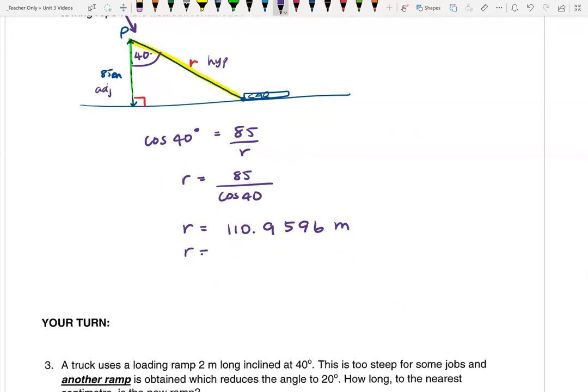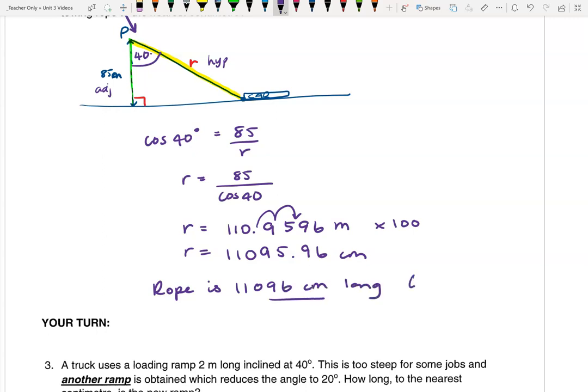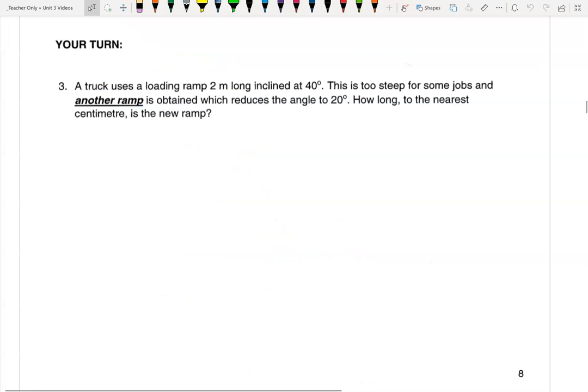So R is going to be multiplied by 100 to get it to centimetres. So that's going to be 110.9596 times 100, which is 11,095.96 centimetres. So we can say the rope is 11,096 centimetres long, and that is to the nearest centimetre.